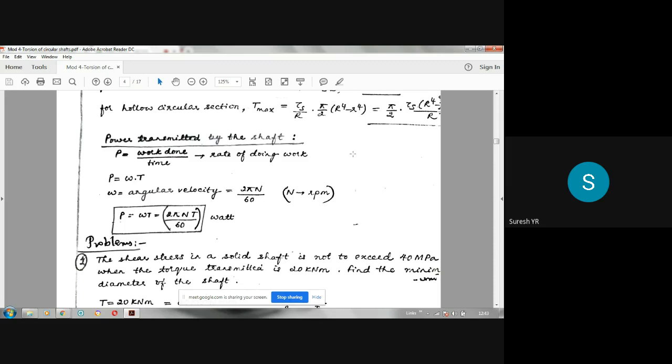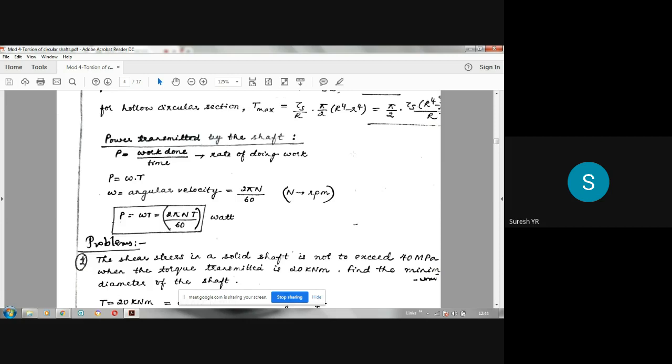Angular velocity is given by 2 pi n by 60, where n is expressed in RPM. RPM means revolutions per minute, and they will give values like 1800. When a shaft rotates, its speed is normally represented in revolutions per minute, as you have studied in elements of mechanical engineering. Rotation is always expressed in RPM, like 80, 100, 500, 1000, 2000.